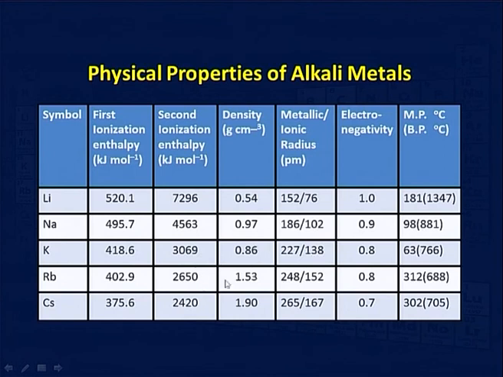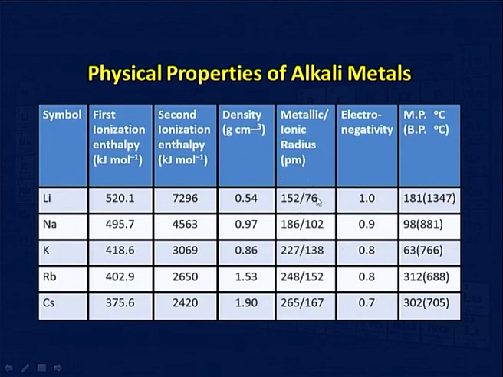there is always something exceptional which also happens. And you can see this metallic and ionic radii, because we keep on adding additional shells, they will follow a very particular trend, they will keep on increasing down the group. See 152, 186, 227, 248, 265, and this is of course after the removal of electron. This 76, the value of 76 pm, pm here means picometer.